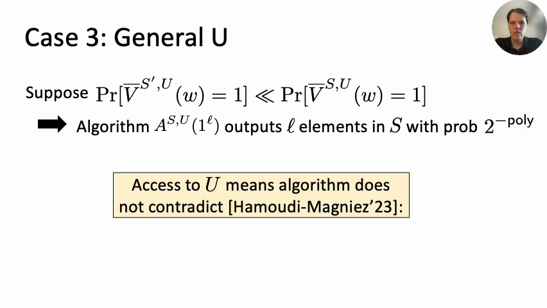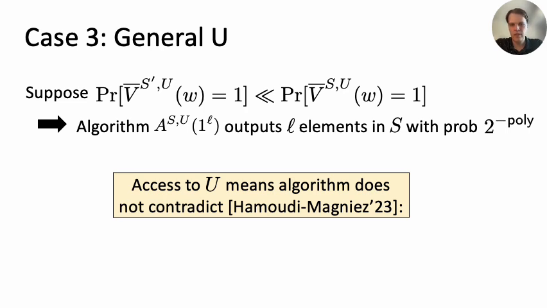However, this U is correlated to S, and as such, we can't just apply the existing results to get a contradiction. This U may reveal points in S and may actually facilitate A outputting elements in S without reaching a contradiction.